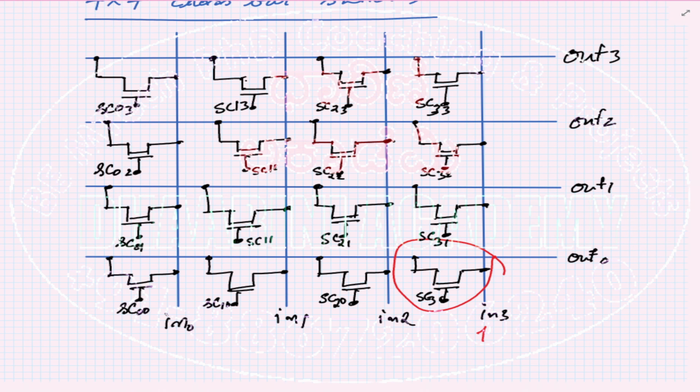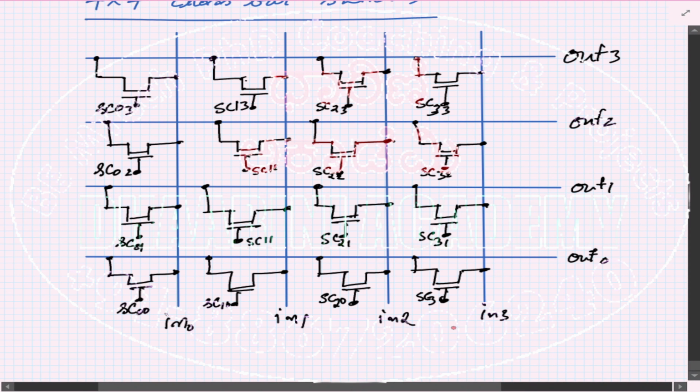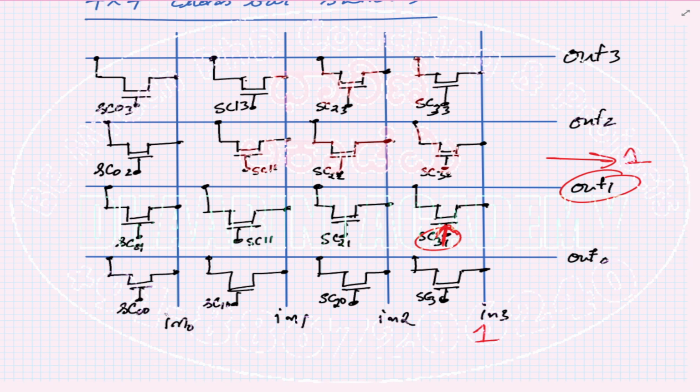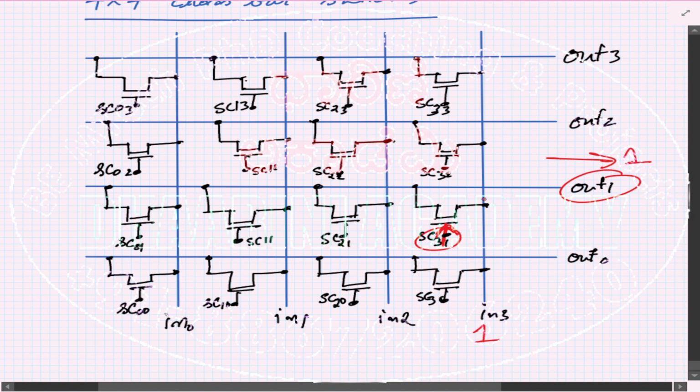If you want to pass this high signal, 1, to this line, so that it carries 1, you simply give input to this particular transistor and make the gate high. It will conduct. Conducting means this is available at this point, which means this point and this point are the same. If 1 is available here, 1 comes here. That is my requirement.